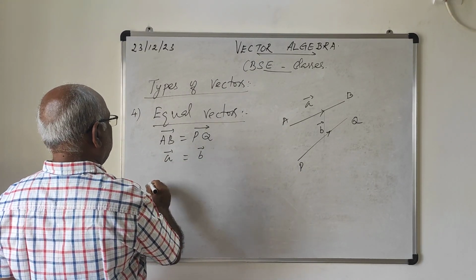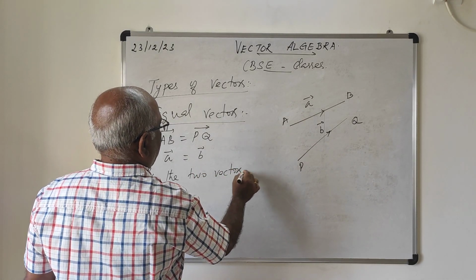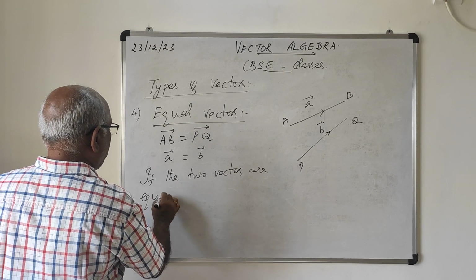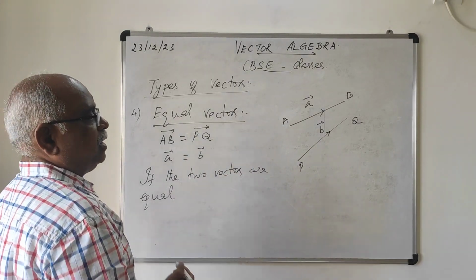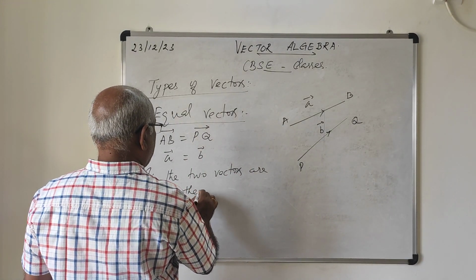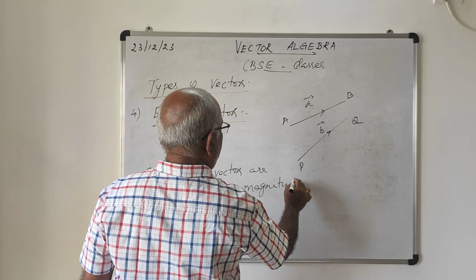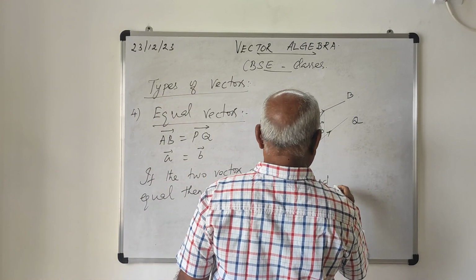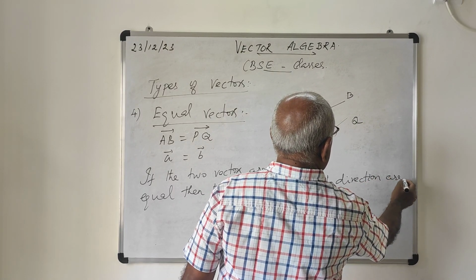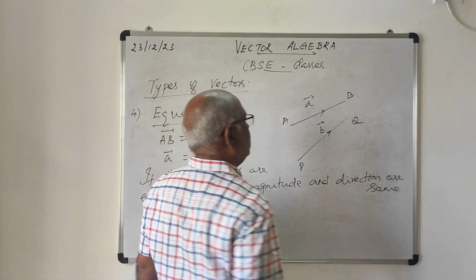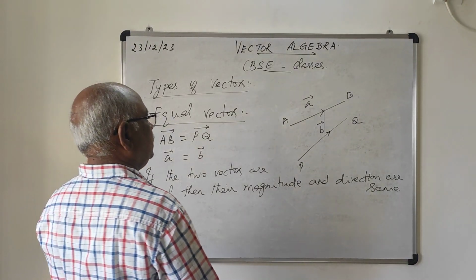If two vectors are equal, then their magnitude and direction are the same. This is the definition of equal vectors, irrespective of the initial point.